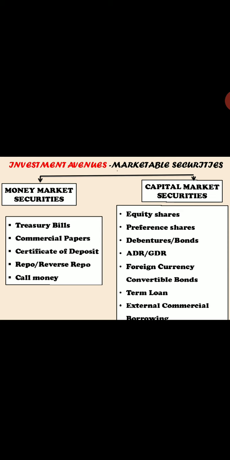Even though the face value of the T-bill is 100 rupees with a maturity period of 91 days, the issue price of that particular treasury bill will be 98.20. So at the time of maturity, the investor will be getting rupees 100.